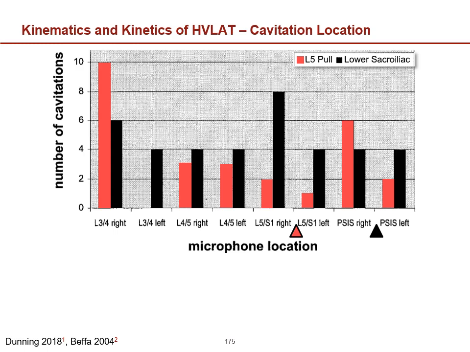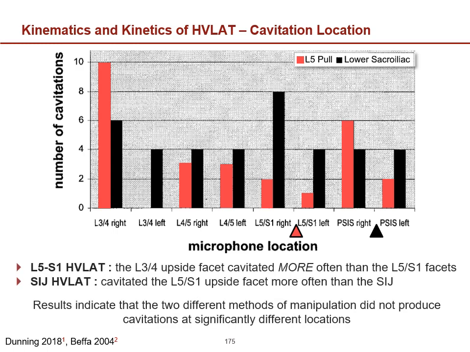And what we can see is that when applying the L5 pull, the L3, L4 upside facet cavitated more often than the actual target segment itself. So this was a full 2 segments, or segment junctions, if you will, above the target region.